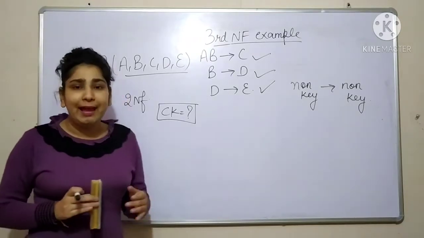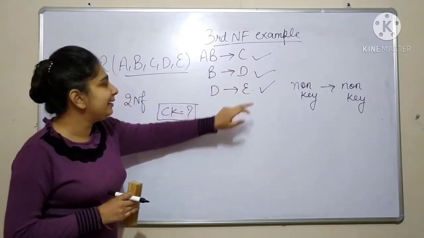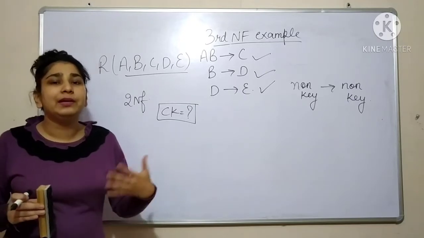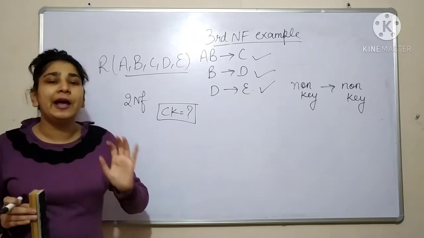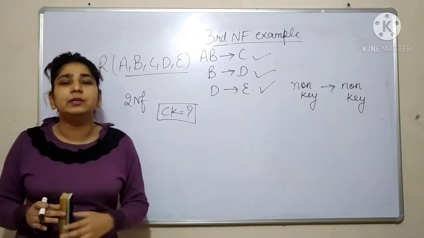Here we are only determining C, D and E; we can never determine A and B. So the candidate key is the key with the help of which all of the other attributes can be determined.